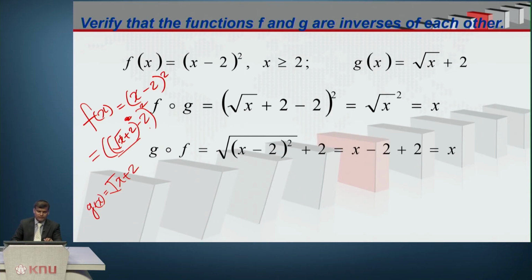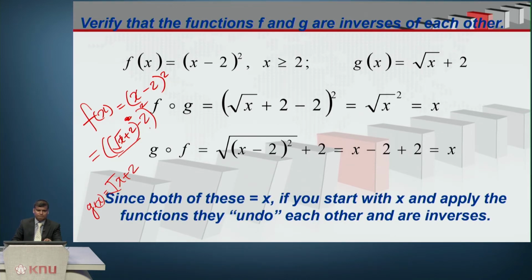So we are defining f composition of g and g composition of f. In fact you can see, since both these are x, the results of these functions, if you start with x and apply the functions, they undo each other and are inverses. We will consider more on this composition part later on, as I told you.